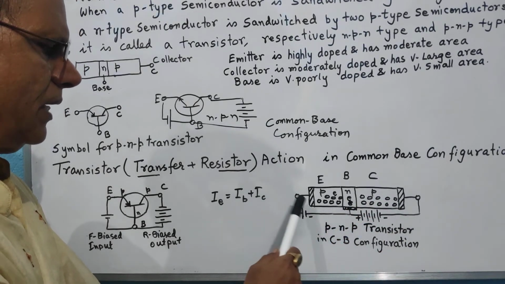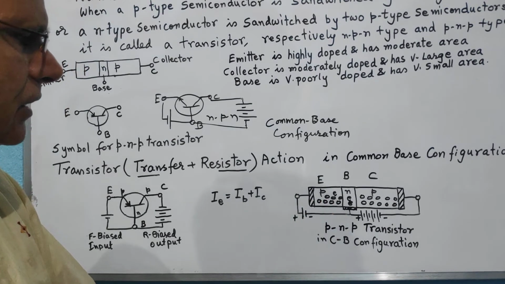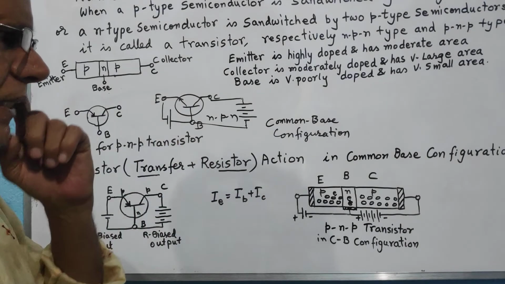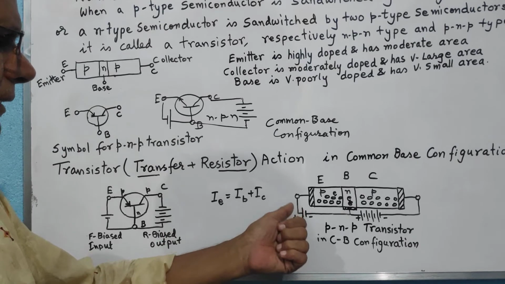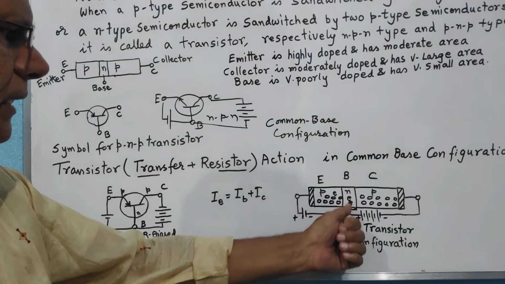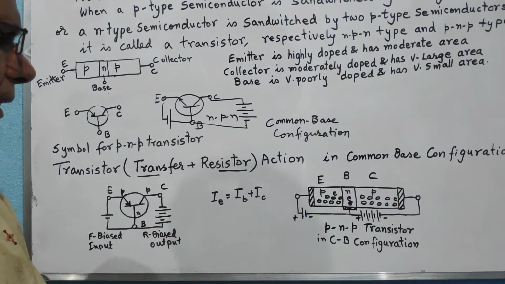And from this situation you can very well understand, under the concept that the charge is conserved, that the emitter current, that is current generated at emitter, is equal to the current generated at base plus current generated at collector.